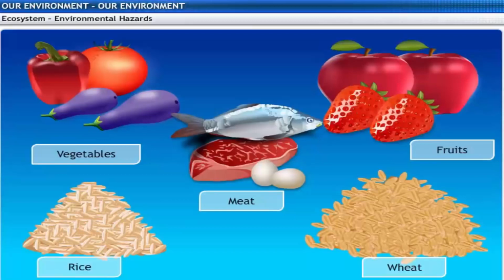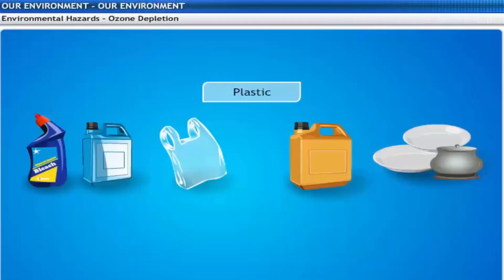This is why food grains such as wheat and rice, vegetables and fruits, and even meat contain varying amounts of pesticide residues. These residues cannot always be removed by washing or by other means. Let me show you how you have caused these environmental hazards.